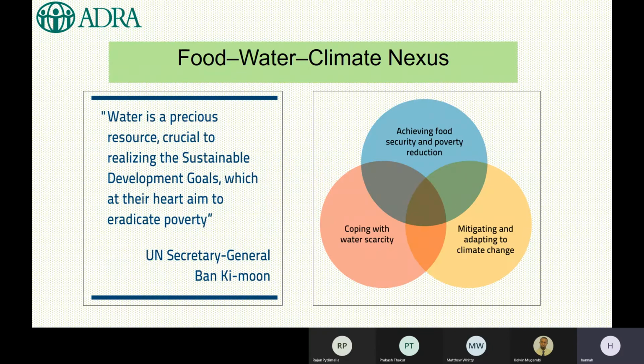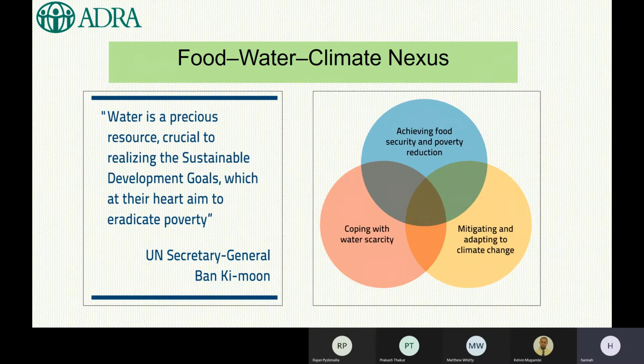Looking at the food, water, and climate nexus, we look at three intersecting components: how to achieve food security and poverty reduction as one component; coping with water scarcity, because this is very common in those semi-arid areas, where water for drinking and domestic use is just a problem; and how we mitigate and adapt to climate change.